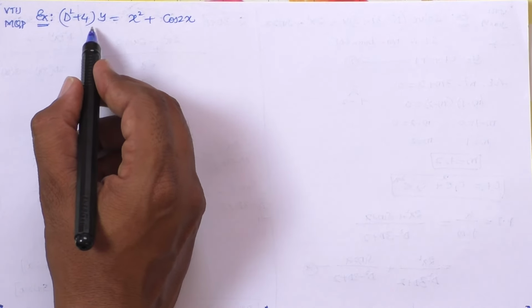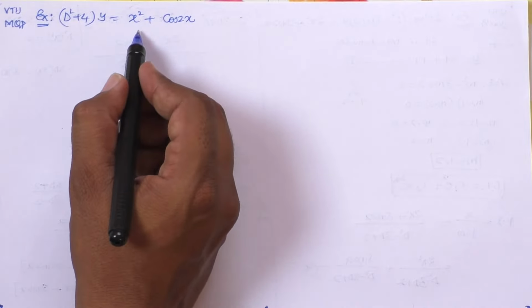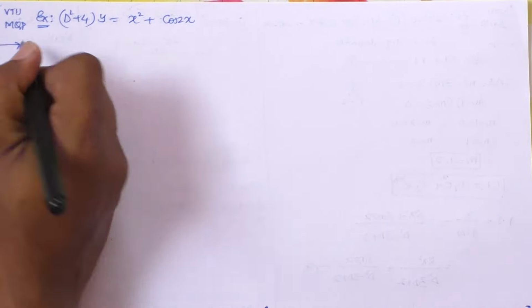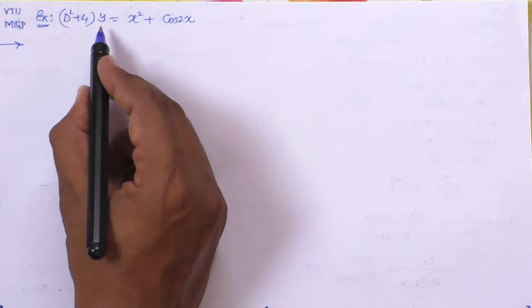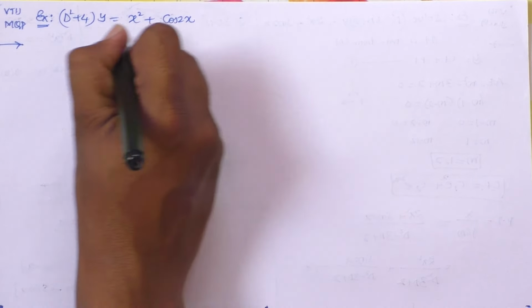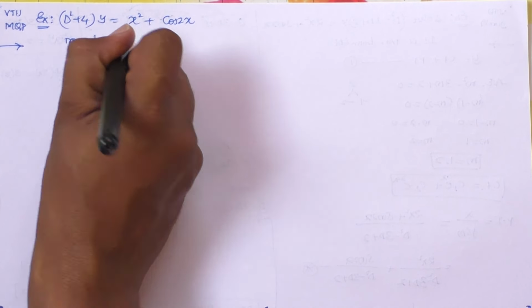Solve D square plus 4 into y equal to x square plus cos 2x, which has been given in the VTU model question paper. If you look at this problem, it has a y term as well as an x term, so it is called a non-homogeneous linear differential equation.